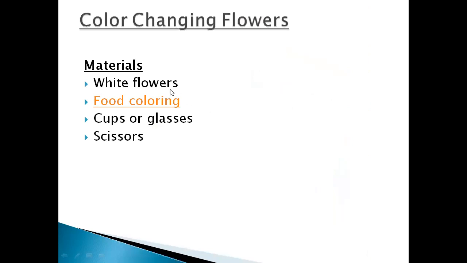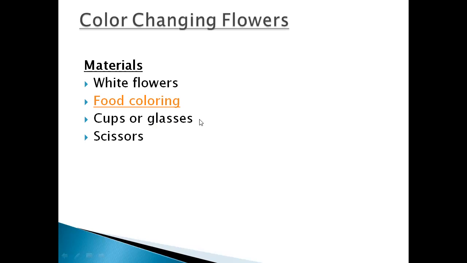What are the materials required for changing the color of the flowers? White flowers, three or four if you want more than one. Food coloring, different colors: blue, red, yellow, green, as you like.